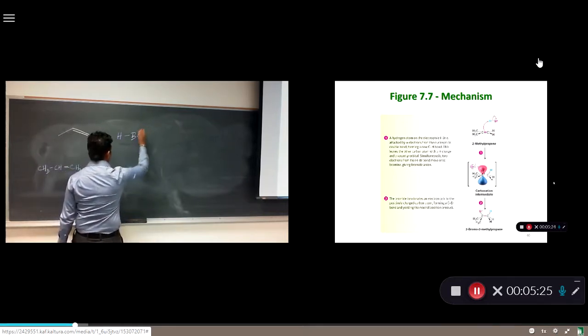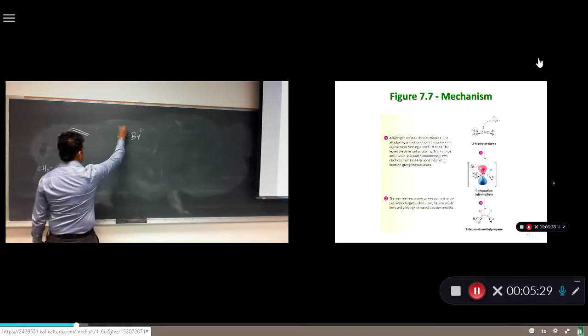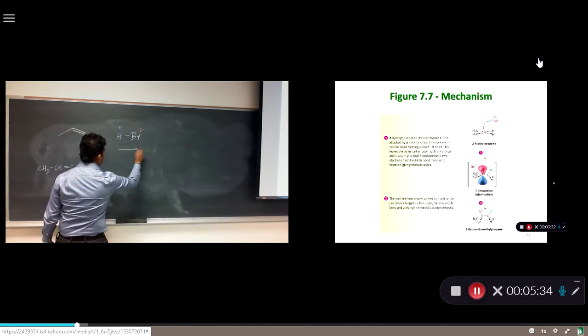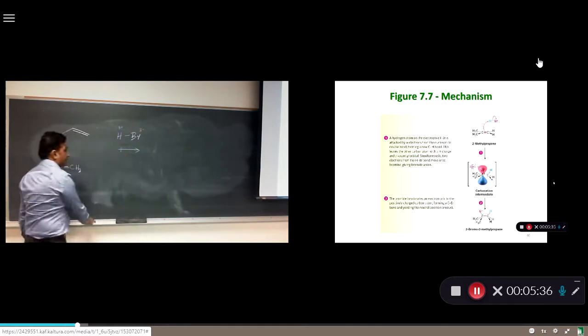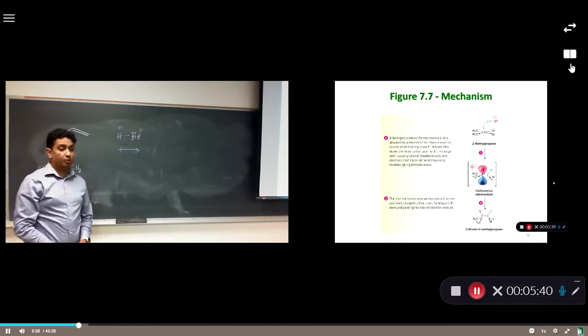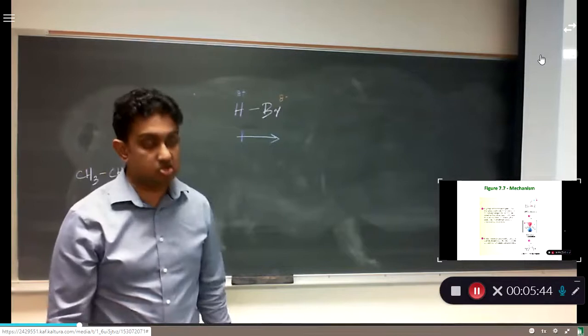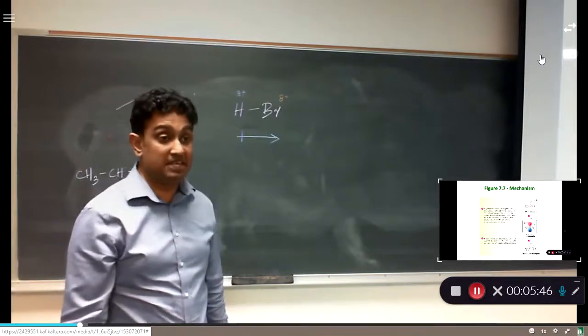Because of that, bromine has a partially negative charge and hydrogen has a partially positive charge. So HBr has a polar bond, and this is the dipole moment for HBr.